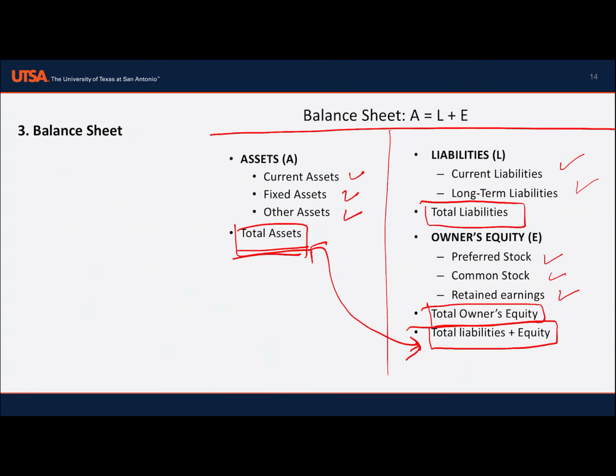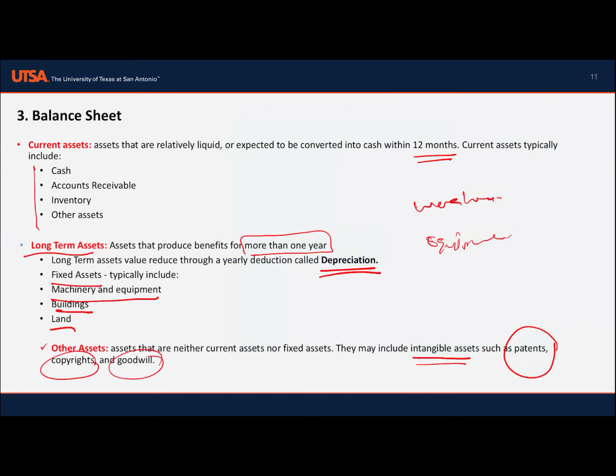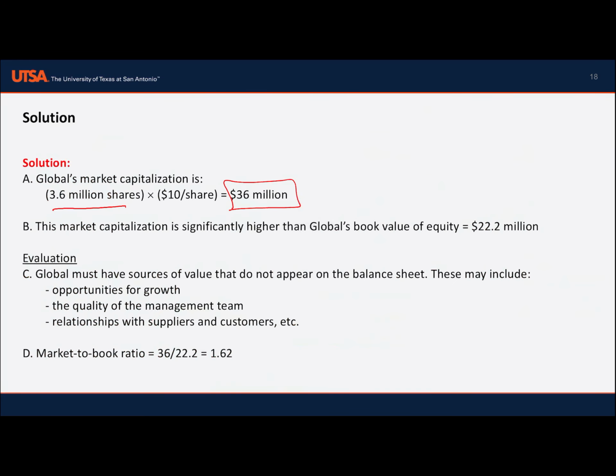Let's go back to 2010, book value of equity. As you see, in 2010 it is 22.2. So book value is 22.2 and market capitalization is 36 million, which is significantly higher than the book value of equity.